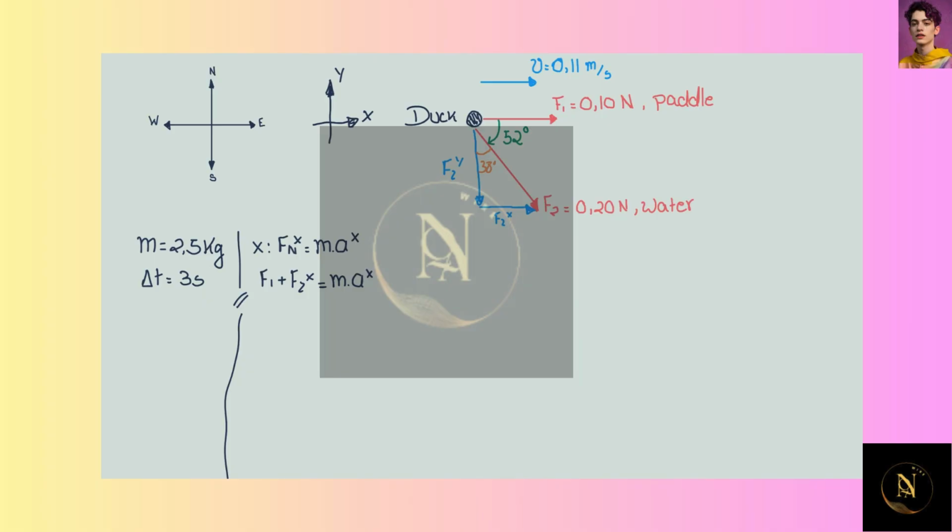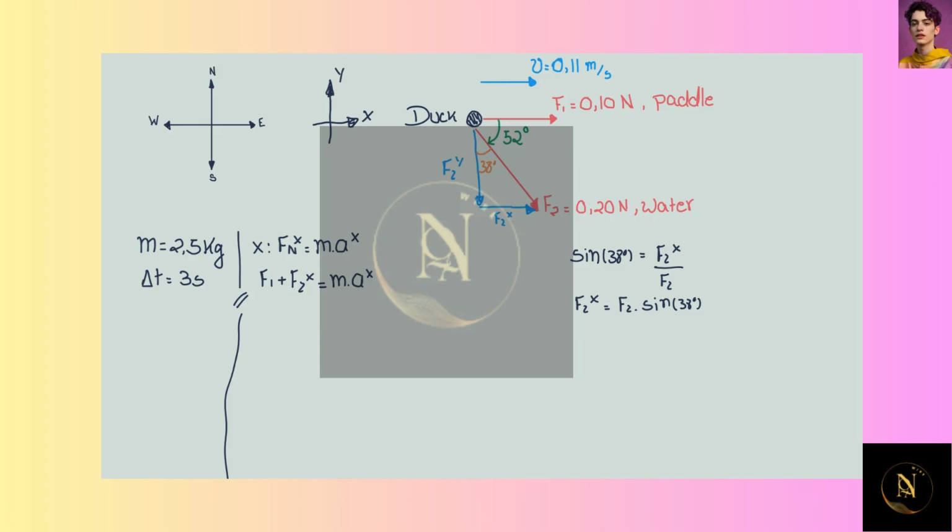Using this triangle, we can get a relation between the magnitude of F2 and its x component. Using the sine, the sine of 38 degrees is equal to the opposite side, F2 component x, divided by the hypotenuse, F2. Then F2 component x is given by F2 times the sine of 38.